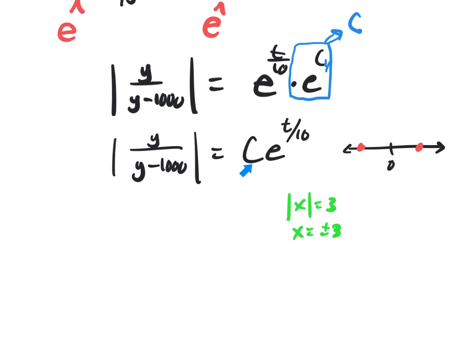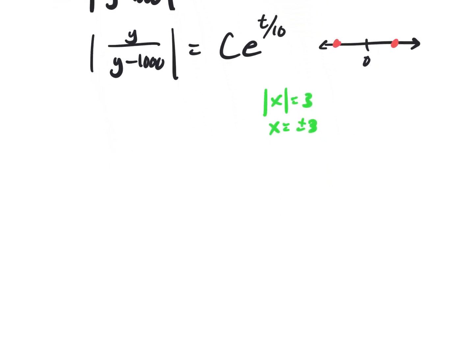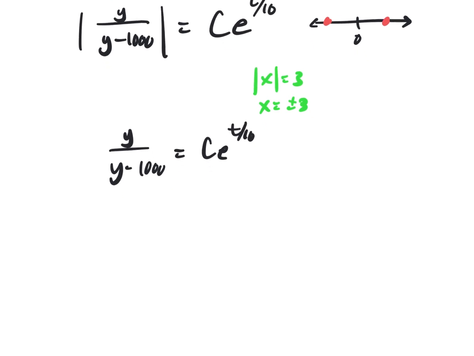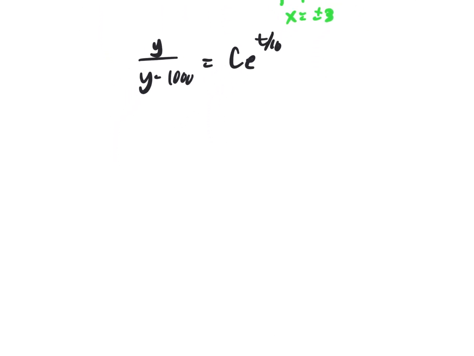But since c is just some constant, it could be positive or it might be negative. So we actually don't need the positive or negative symbol or the absolute value symbol because c itself could be either positive or negative. So we'll rewrite this without the absolute value symbols. So there it is, and then we will solve for y.